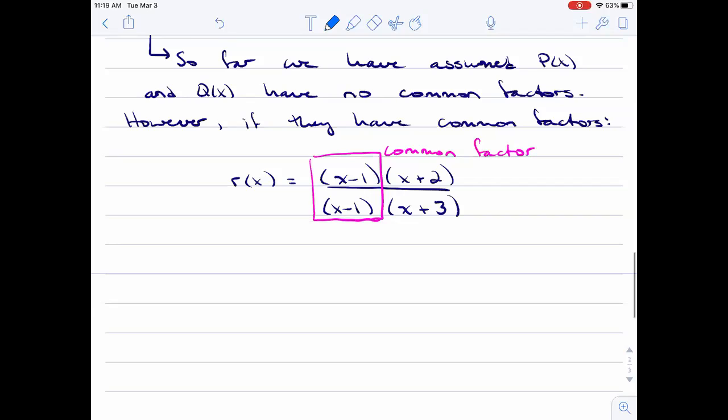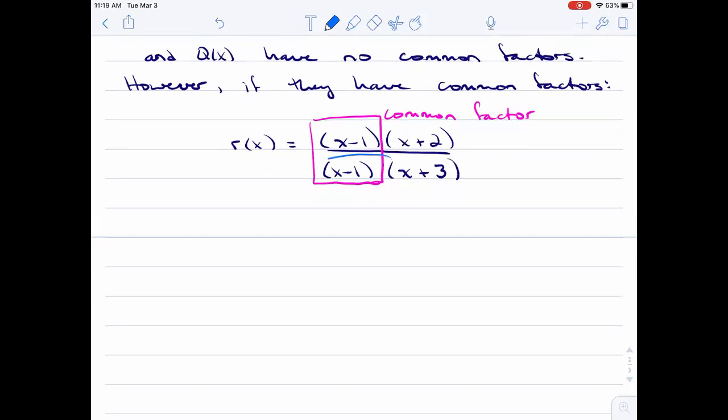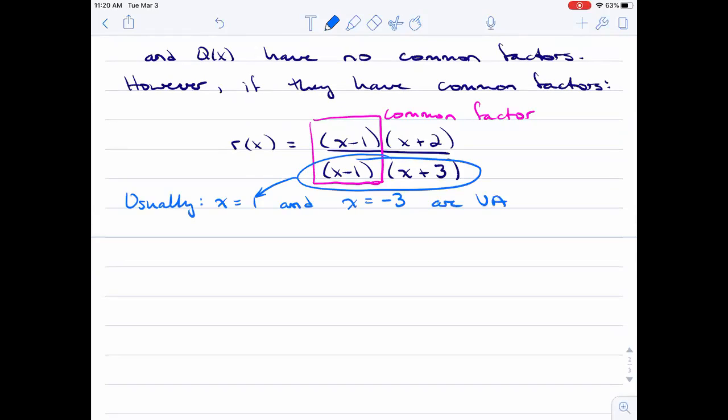And so here, usually we would say that x equals 1 and x equals negative 3 are vertical asymptotes, because that's where we have division by 0, and so that's bad news.